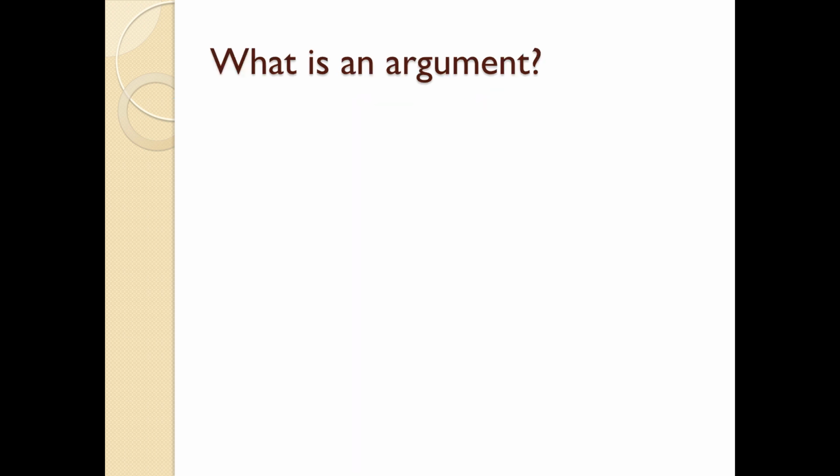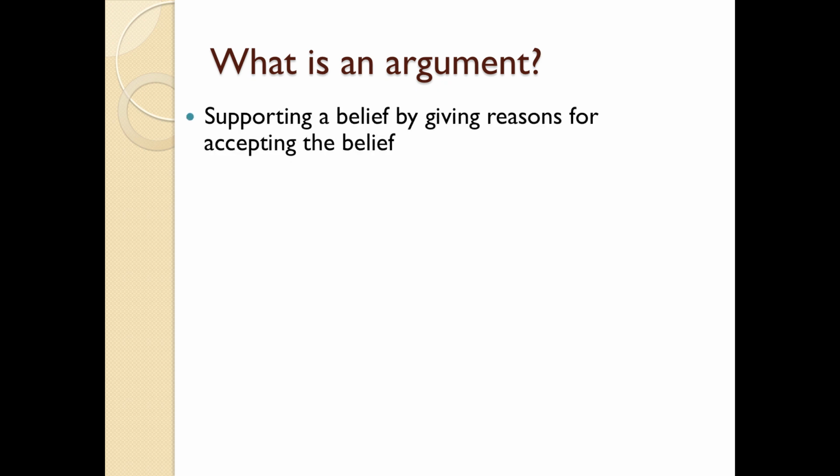So here we go. This is a review. Remember that an argument is supporting a belief by giving reasons for accepting the belief. So again, it's not just stating what you believe, but clearly identifying the reasons why you have that belief or someone has that belief.